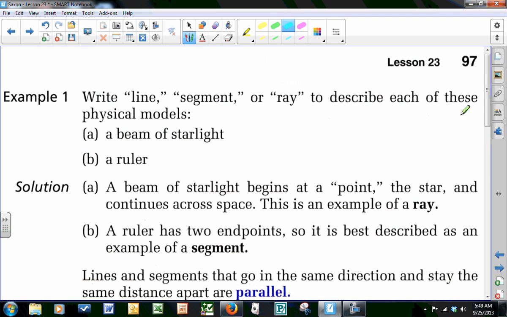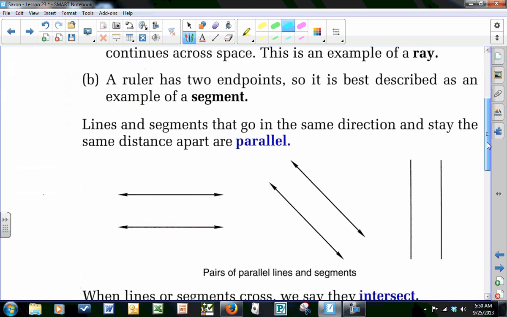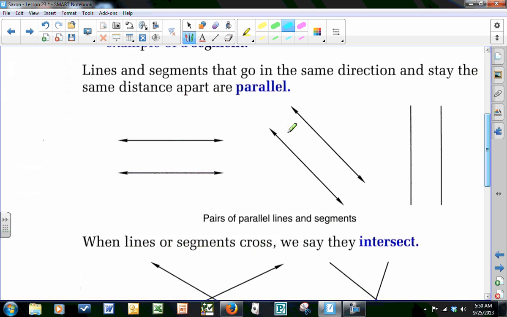There's more math terms to learn. Now you can have multiple lines and they have special relationships. Lines and segments that go in the same direction but stay the same distance apart are called parallel lines. And it kind of looks like the two L's right here in parallel.